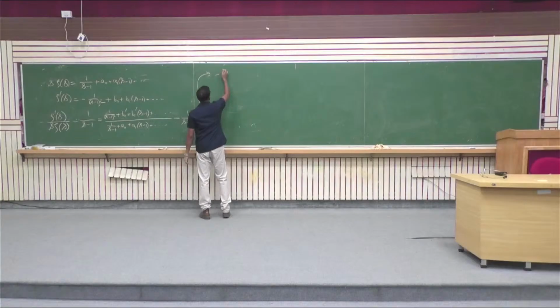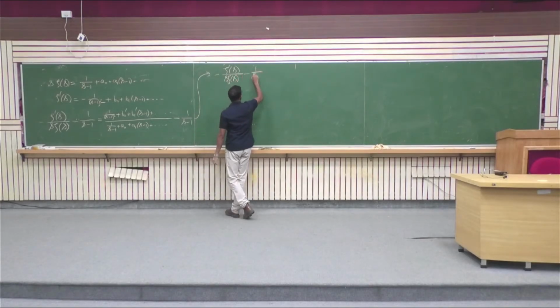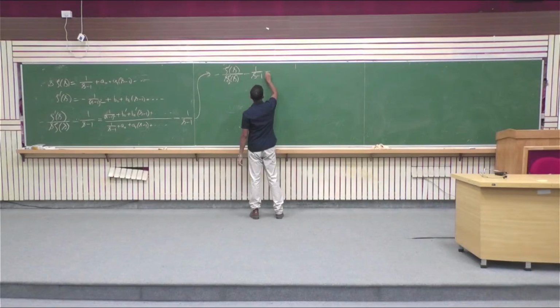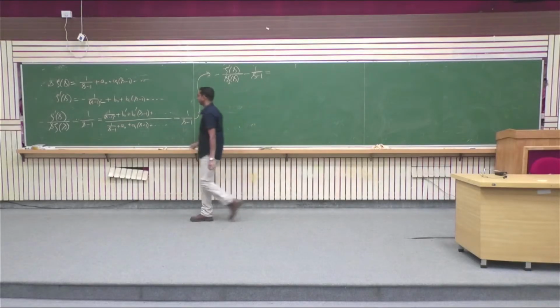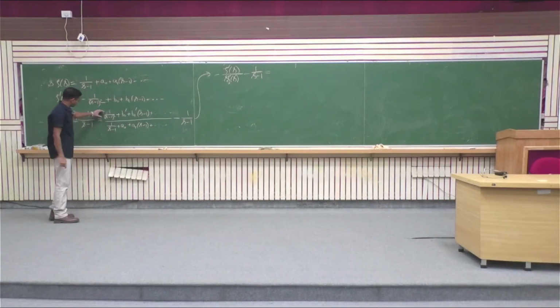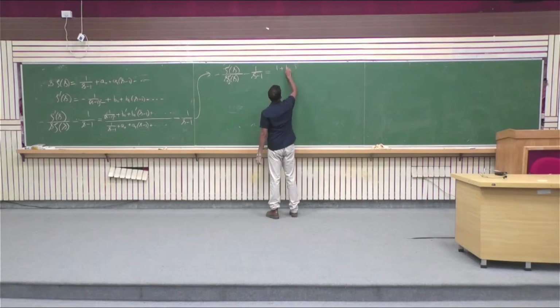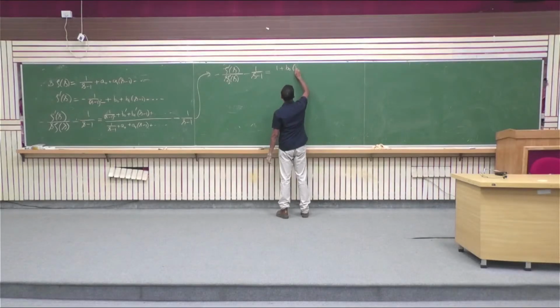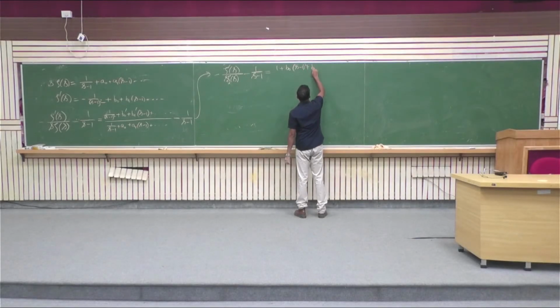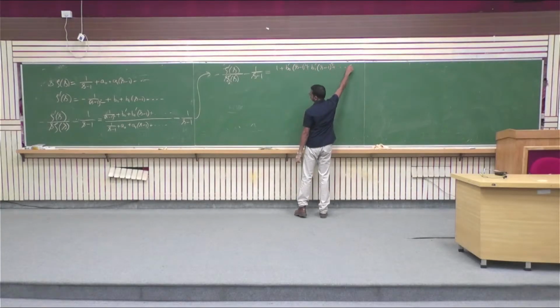So from here we get that s zeta s minus 1 by s minus 1, if you do the necessary calculations, starts with 1 plus b0 dash times s minus 1 whole squared plus b1 dash times s minus 1 whole cube plus so on.